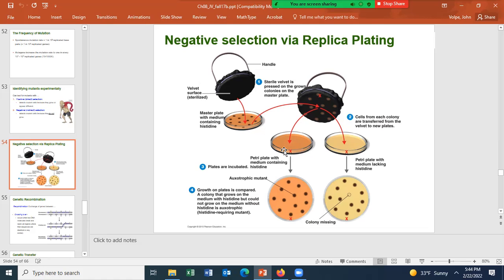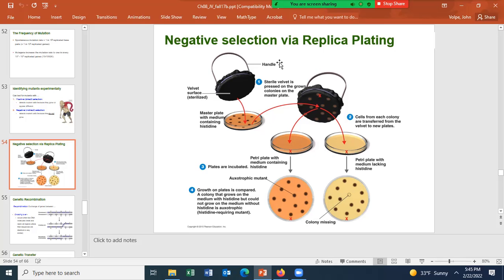Well, if you were to stamp a plate containing the amino acid histidine and a plate lacking the amino acid histidine, if this colony here, and that colony there, would not grow on the plate lacking the amino acid histidine, but it would grow on a plate containing the amino acid histidine, you could say that this colony is a mutant, and this colony cannot make the amino acid histidine, in which case it will not grow on a plate lacking that amino acid.